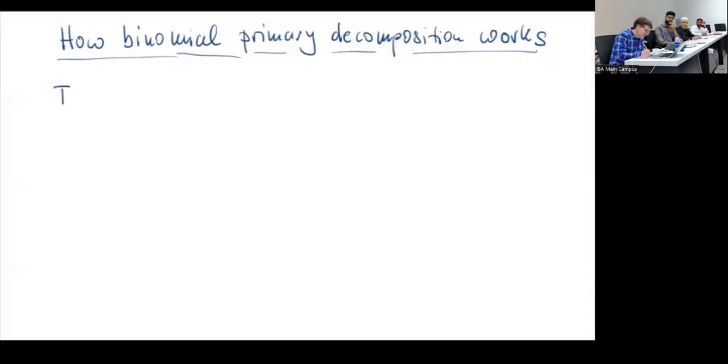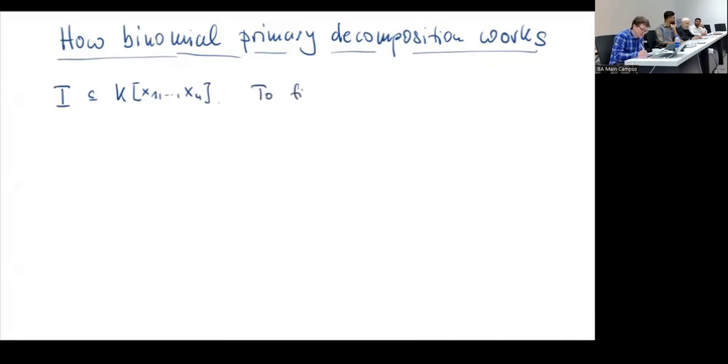If you have an ideal I in the polynomial ring, this need not be a binomial ideal as of yet. So now I'm talking about a general ideal I, and you know it has a primary decomposition.